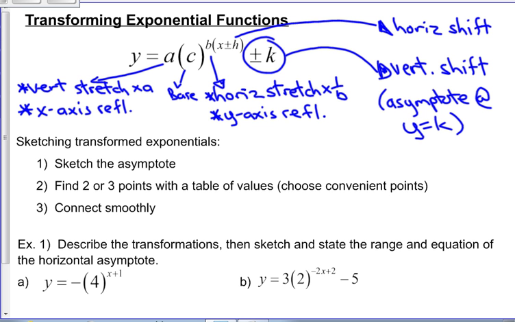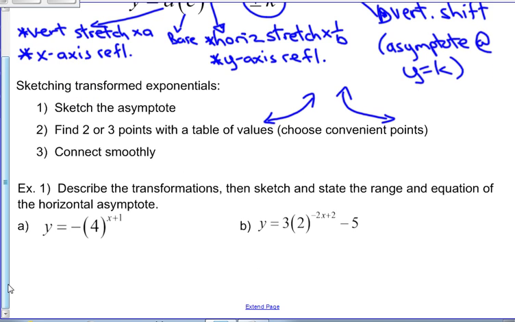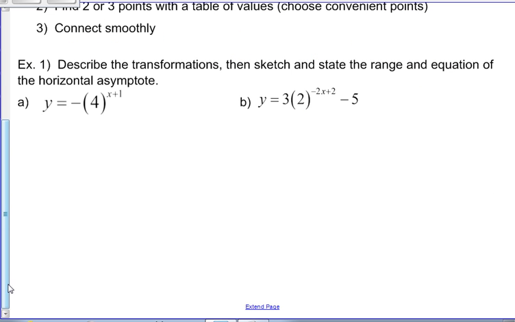Find 2 or 3 points just using a table of values, because they all look either like this or like this. They look like bananas. And then we'll connect smoothly. So using that idea, we're going to describe and then sketch each one of these ones.